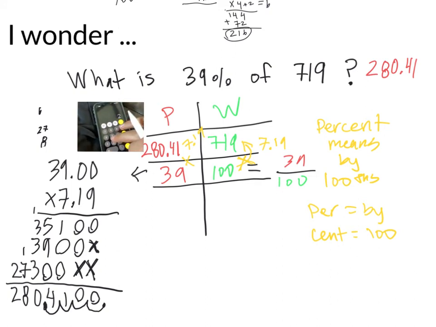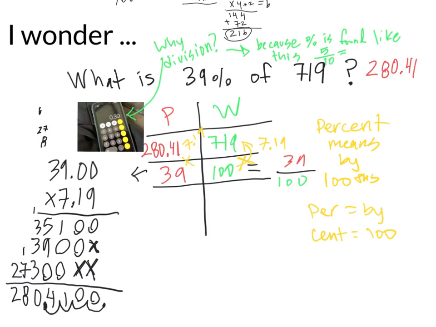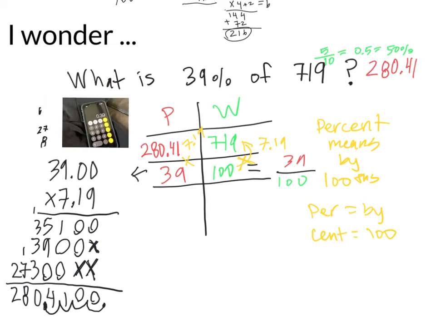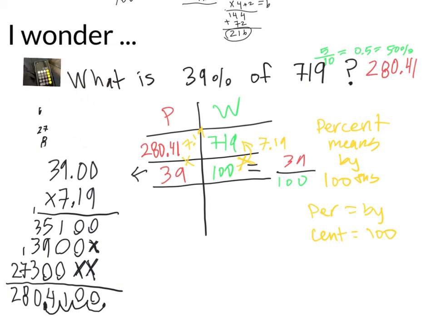I just entered in the number 280 and 41 hundredths, and I divided that by 719, and it equaled 0.39 or 39 hundredths, which we know to be 39%. So 39% of 719 is, in fact, 280 and 41 hundredths.